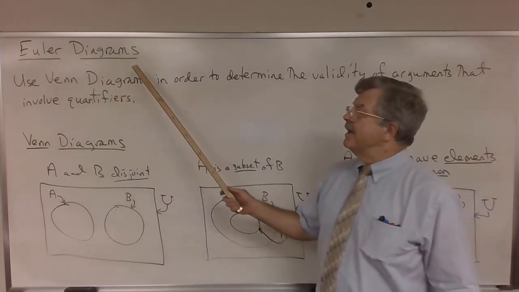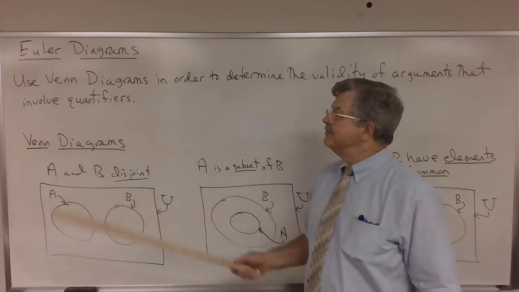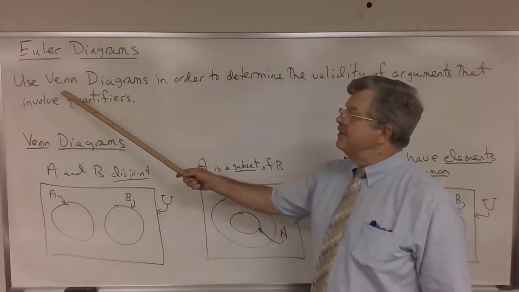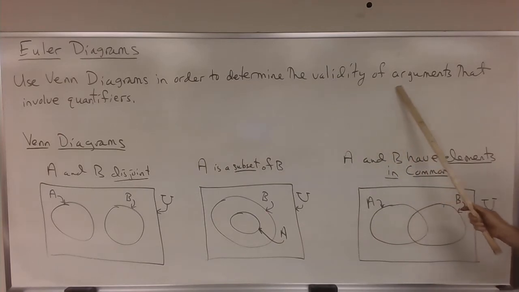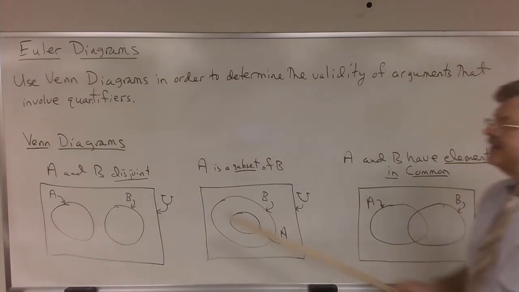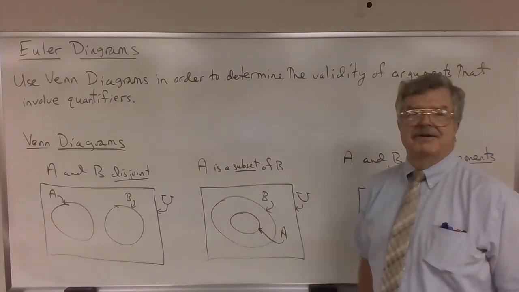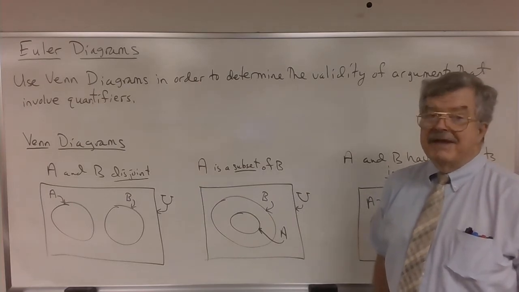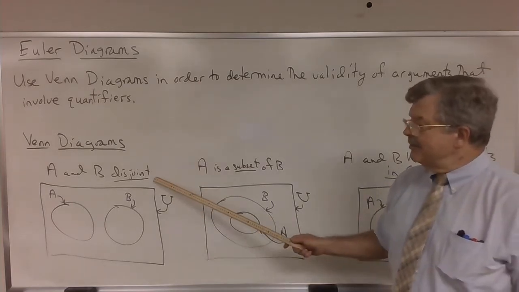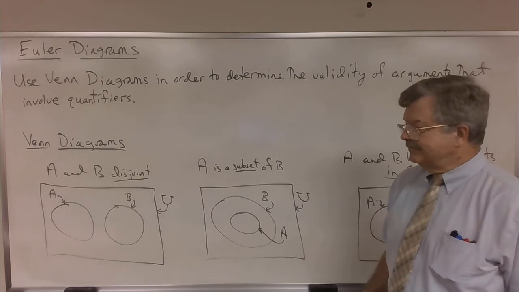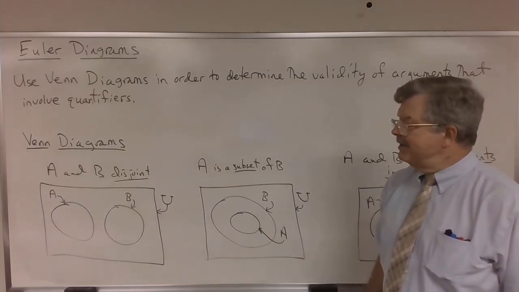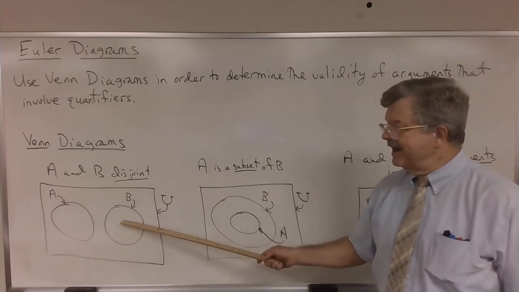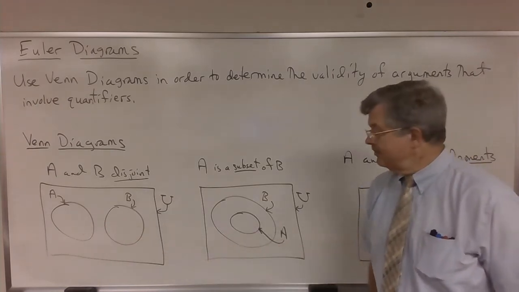Now, what are Euler diagrams? They're the use of Venn diagrams in order to determine the validity of arguments that involve quantifiers. Venn diagrams, remember what they look like? For A and B, two sets, if A and B are disjoint, the Venn diagram looks like this.